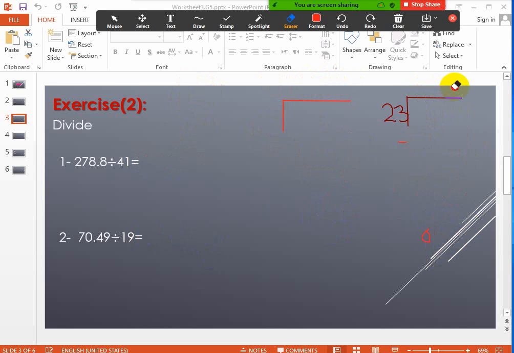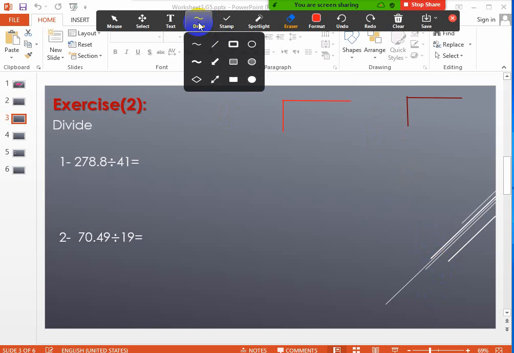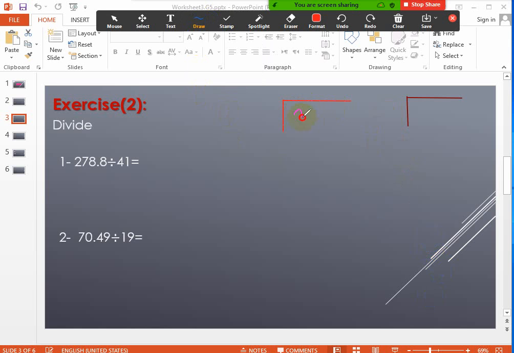Okay, now the first one I want to divide 270.8 divided by 41. Okay, now let's see who will help me to divide.